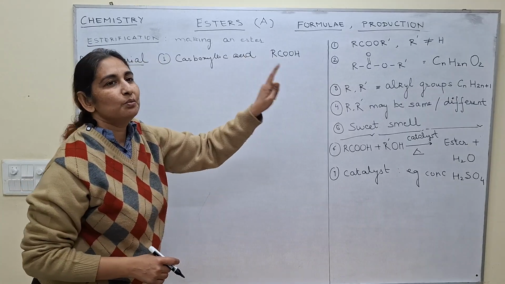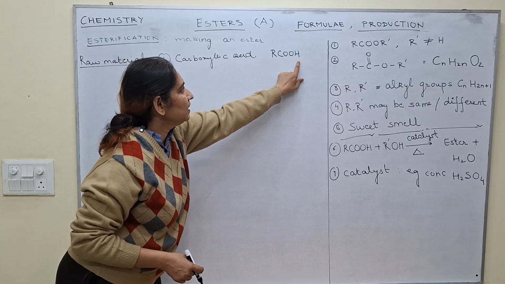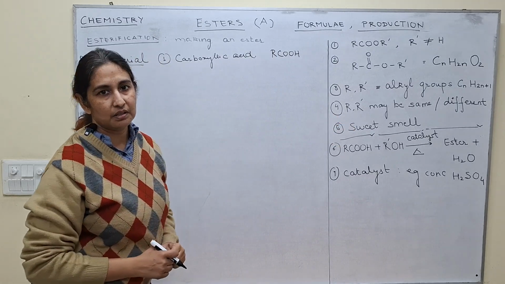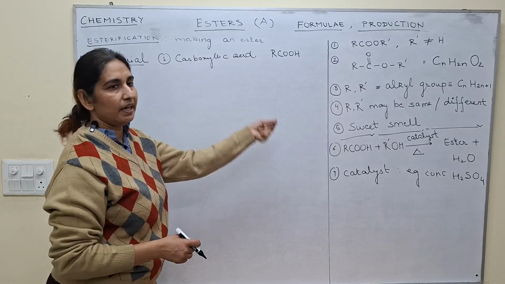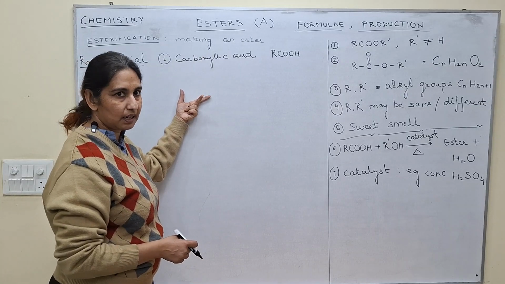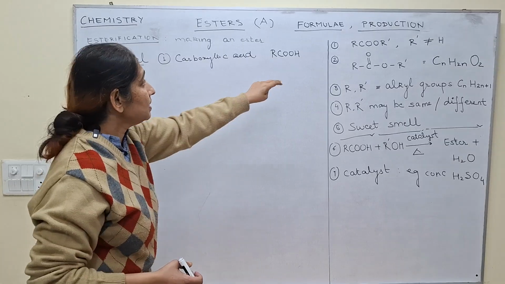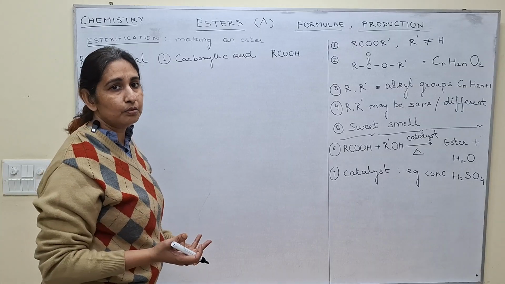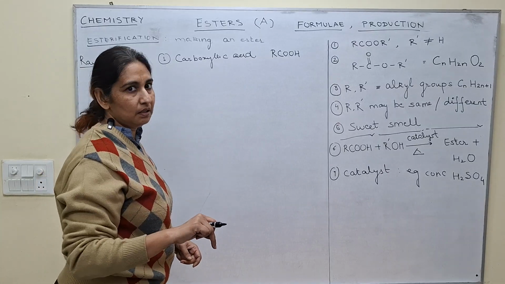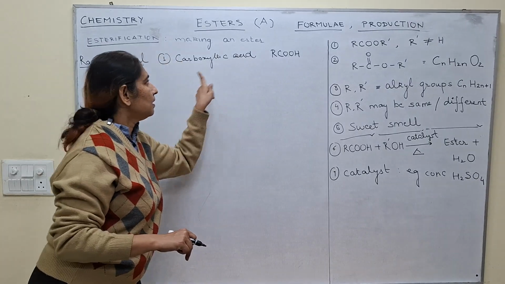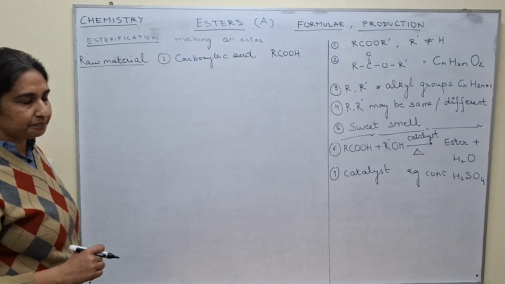We mentioned very specifically that on the right hand side of COO, the other side, H is not allowed. The moment it becomes H, it becomes an acid, carboxylic acid, organic acid. If instead of this H there was some methyl, ethyl, propyl group, then it would have been an ester. Okay, so this is not an ester, this is a carboxylic acid.